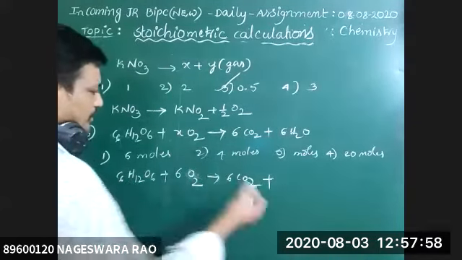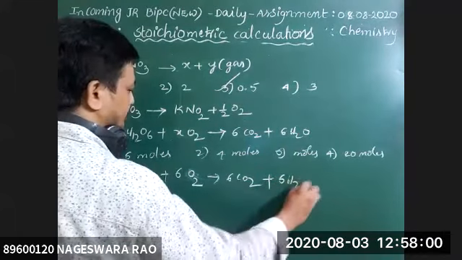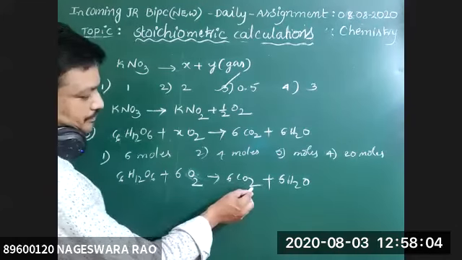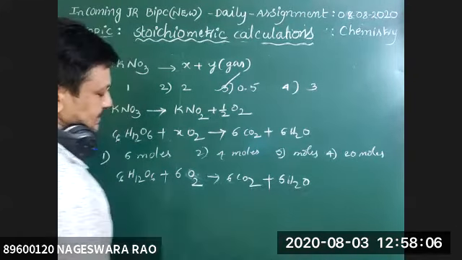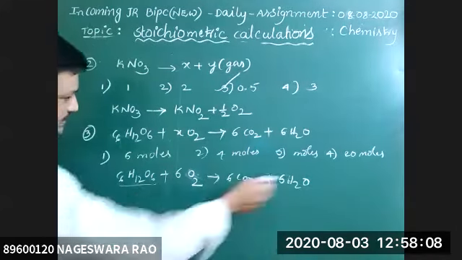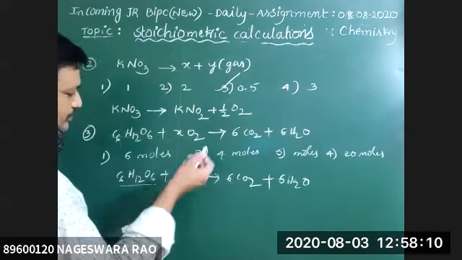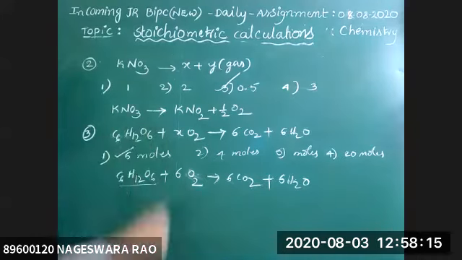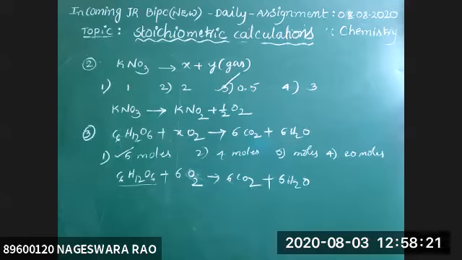The number of water molecules equals half of the hydrogens, so 6 H2O. Now oxygen: 12 on the product side from CO2, 6 from water. Already 6 are there in glucose, so 6 cancel, and 6 more make 12. So 6 moles of oxygen are involved in this reaction.